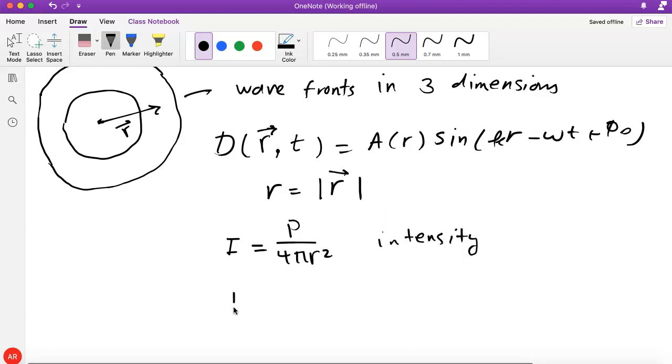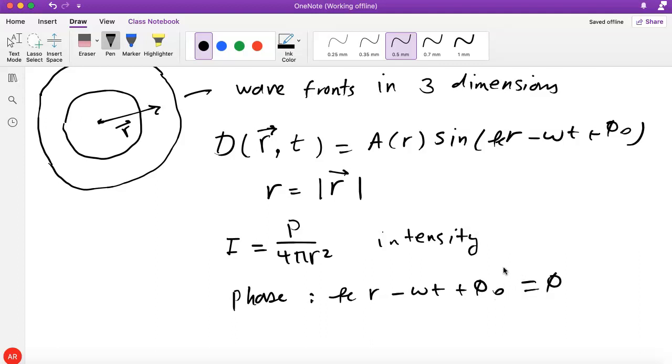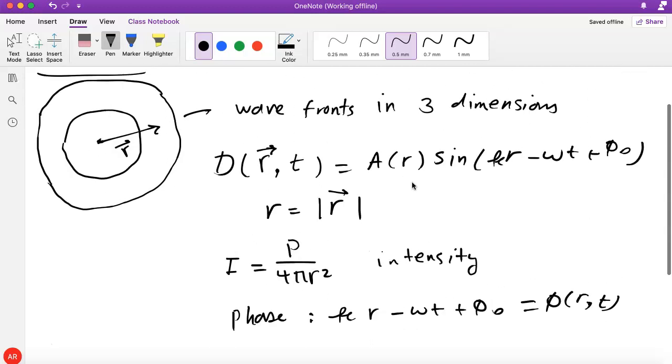We talked about phase, which is an important quantity characterizing the wave, and that's the argument of that sine function, kr minus omega t plus phi naught. We can call it phi, which is a function itself of r and t. Just as a reminder what these things were, so k was 2 pi over lambda, right?